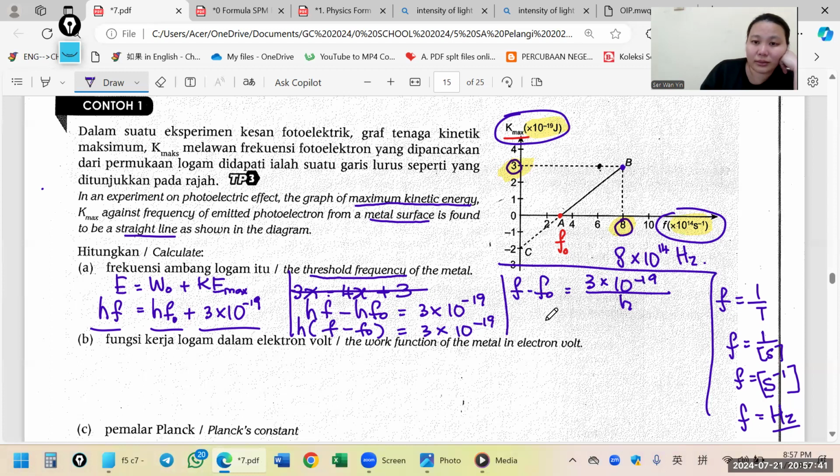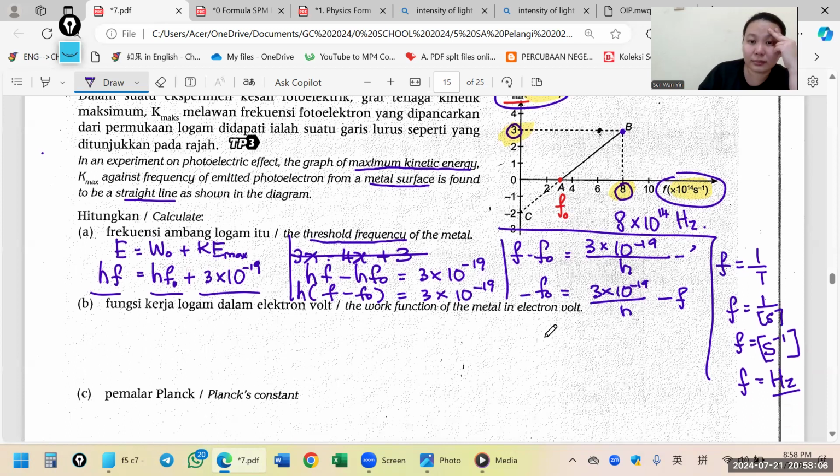So actually, F naught will be F minus 3 times 10 to the power of negative 19 over h.